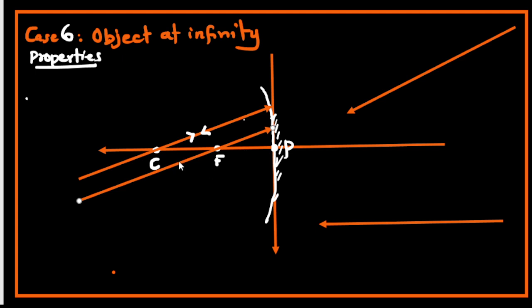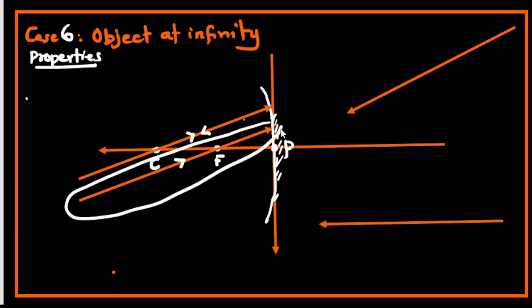So we have incidence along this path. How should I draw the reflection? Somebody tell me. How should I draw the reflection of this particular ray?